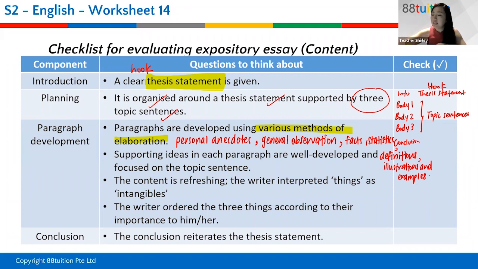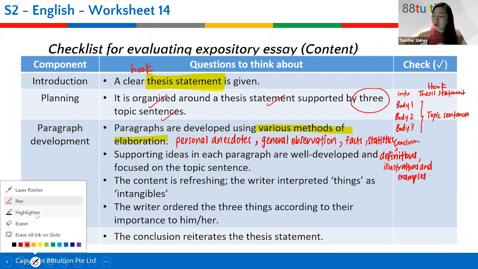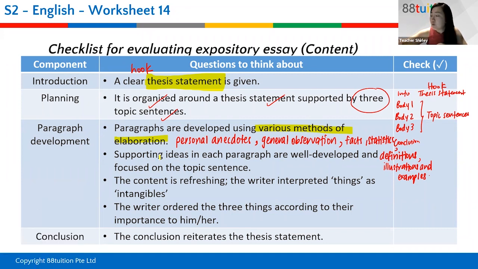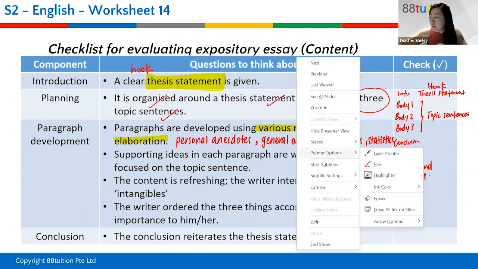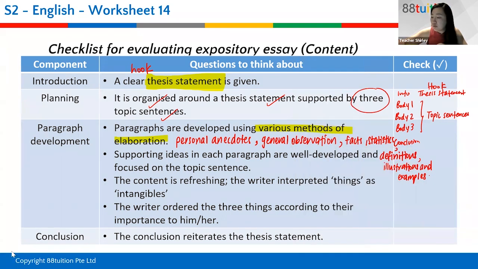And then in each paragraph, your supporting ideas must be well developed. And after all, they should be focused on the topic sentence of each paragraph. You should not stray too far from the topic sentence. Okay, then the content must be refreshing.